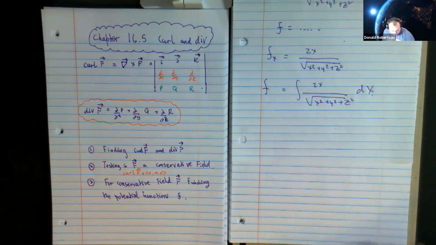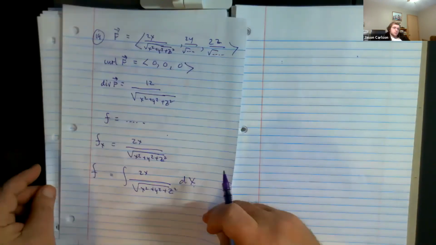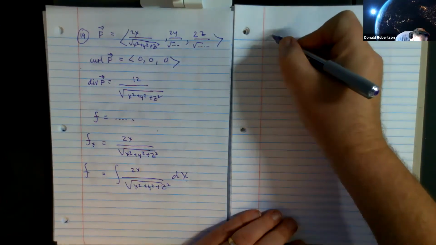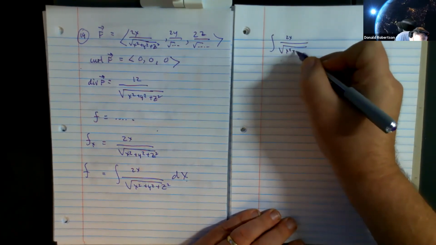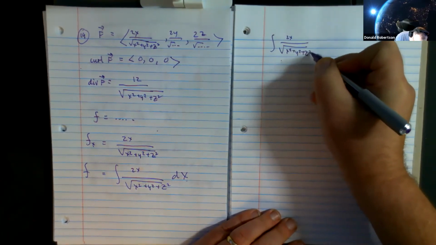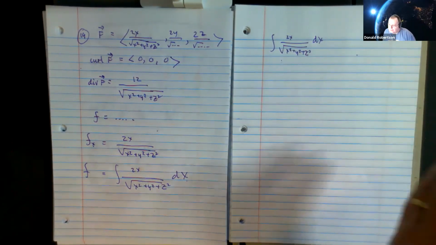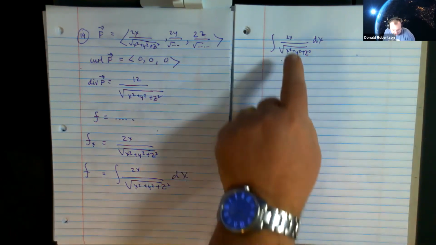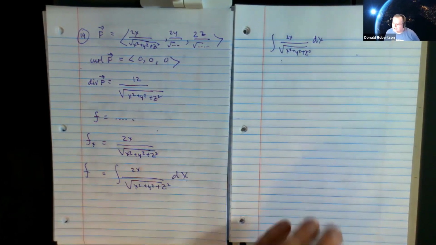What technique would you use? That's a U sub. It is. Since I probably need a lot of room, I'm going to do it over here. I want you to think of y and z as just numbers, right? They're just constants. So it's really 2x over x squared plus 4, right? That's kind of what it's like.